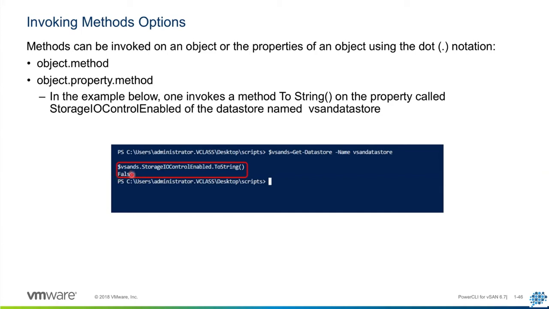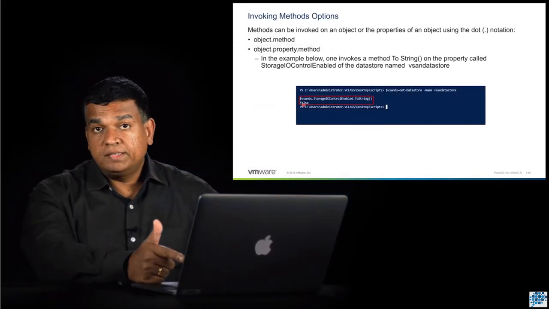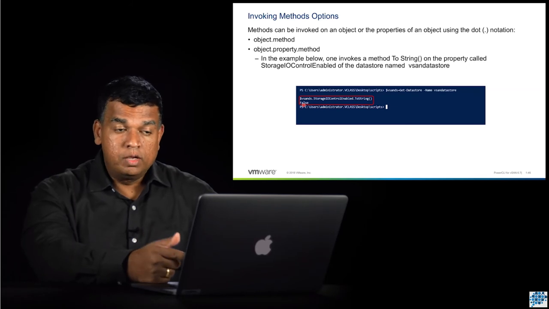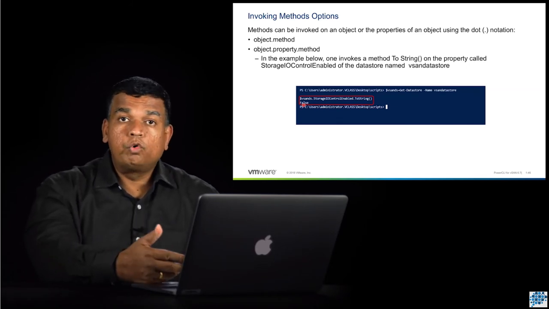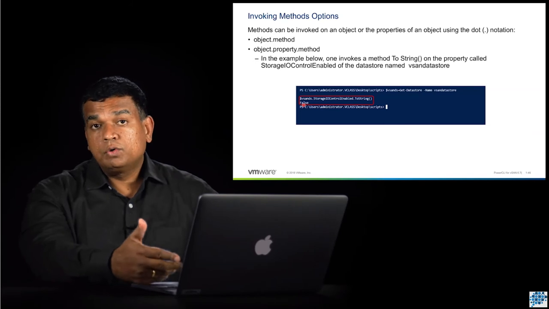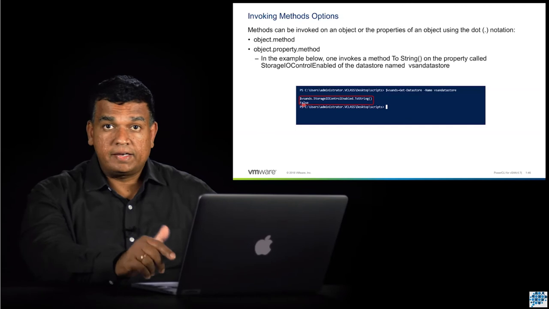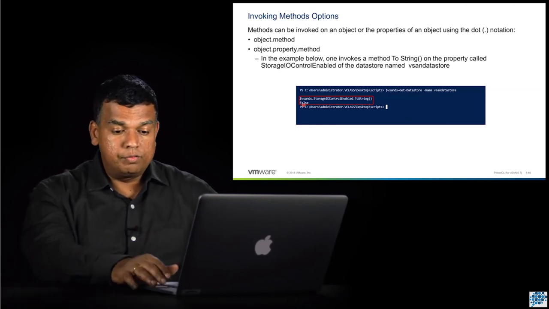And what I'm doing is I am saying vsanDS.StorageIOControlEnabled. StorageIOControlEnabled is a property of the datastore, and now I'm saying convert that output to string. So basically what I get is a false output, which means that the Storage I/O Control is not enabled on this datastore. So as you can see, you can invoke methods on an object, or you can invoke methods on the properties of an object, depending upon what exactly you're trying to pinpoint or what you're looking for.